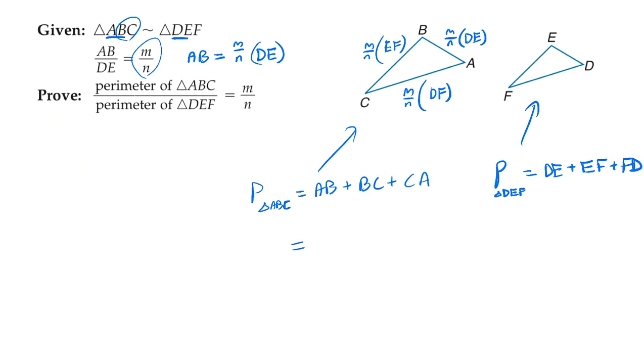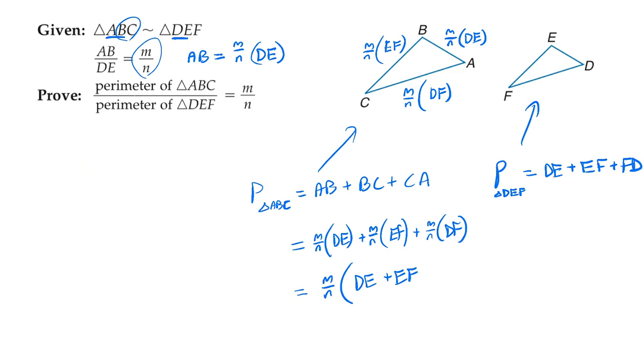Or using substitution, that's m over n times DE plus, and you can see what's happening here, m over n times EF, just substitution, plus m over n DF. And then we factor out the m over n from all those terms, and we get DE plus EF. And what's DE plus EF plus DF? What's that?